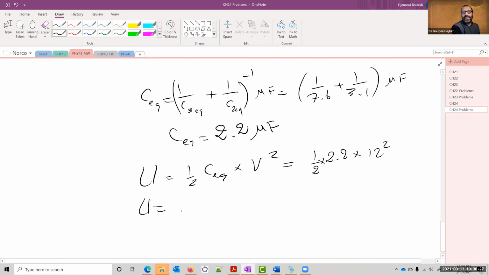The answer is going to be in microjoules, by the way, because we left this in microfarads. So 2.2 times 12 squared divided by 2, and the answer is 158 microjoules.